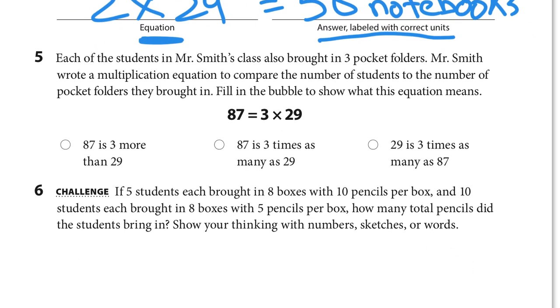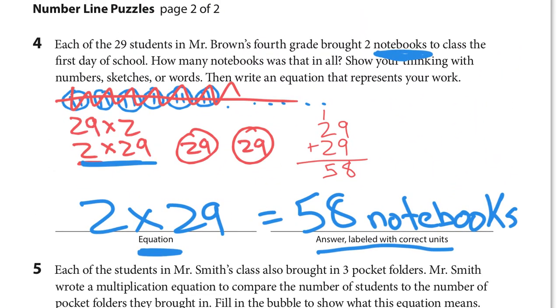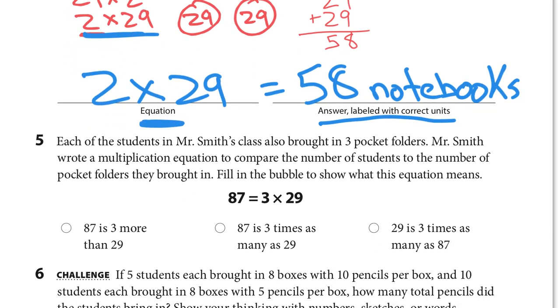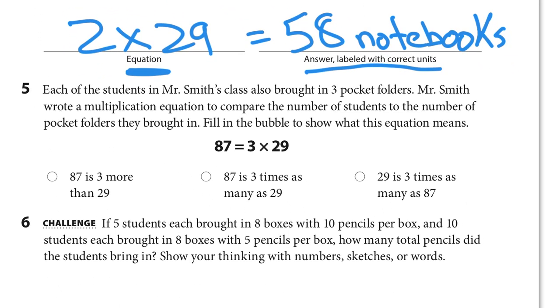Each of the students in Mr. Smith's class also brought in 3 pocket folders. So we already know the number of students. We said that in the class there are 29 students, so we need to keep that in our brain. And they brought 3 pocket folders in each.